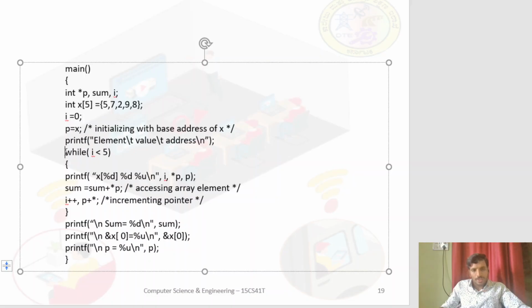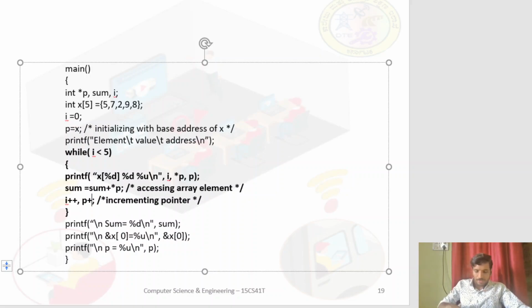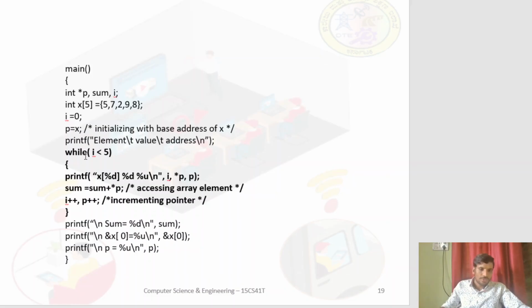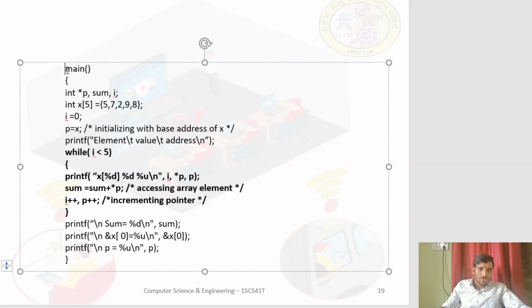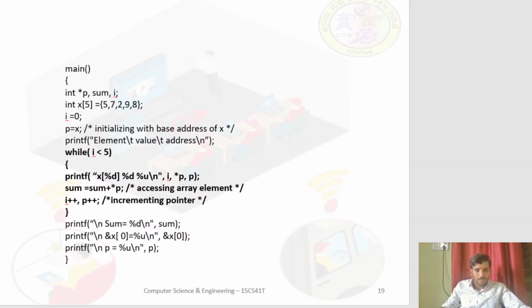The main logic of this program is here: using the while statement, while I is less than 5, print the array elements and increment I plus plus and p plus plus, incrementing the pointer. Okay, students, you can execute this program on your computer. Take it as an assignment.